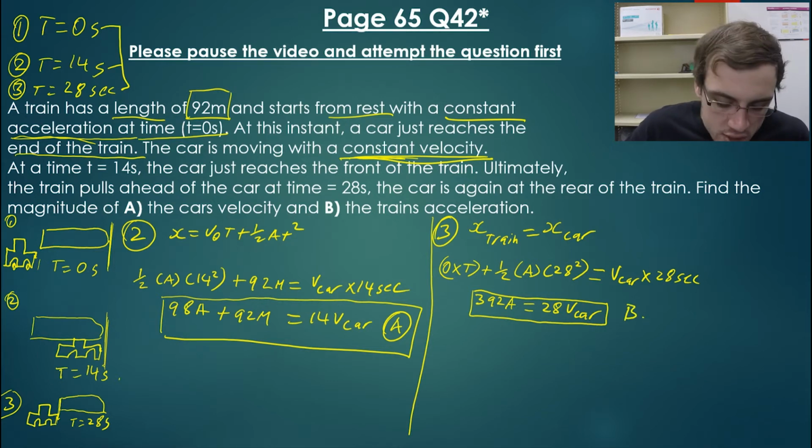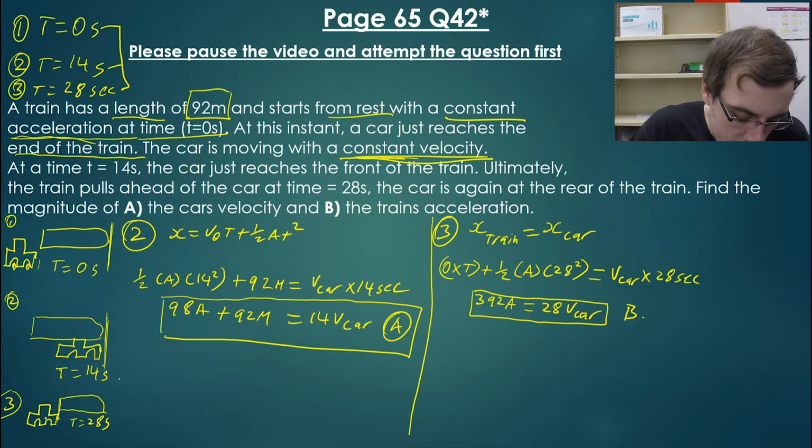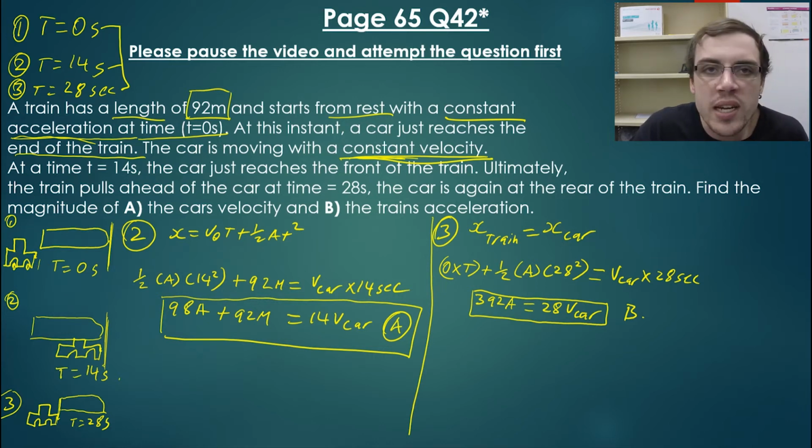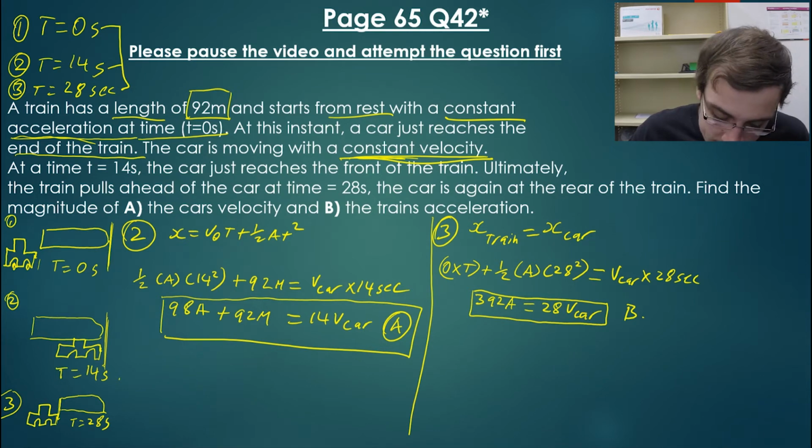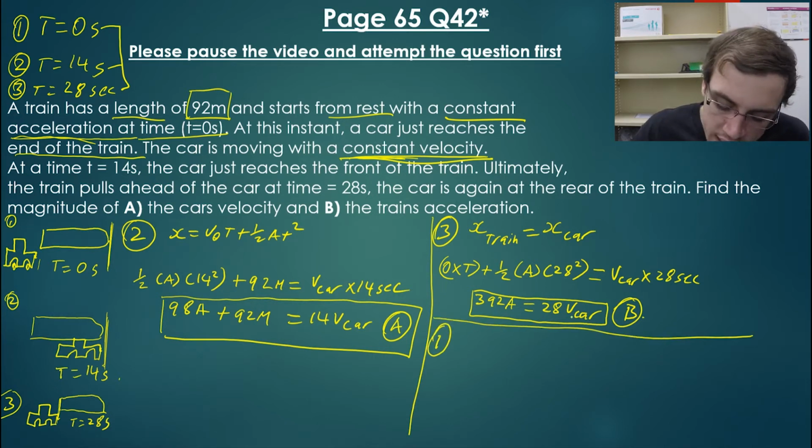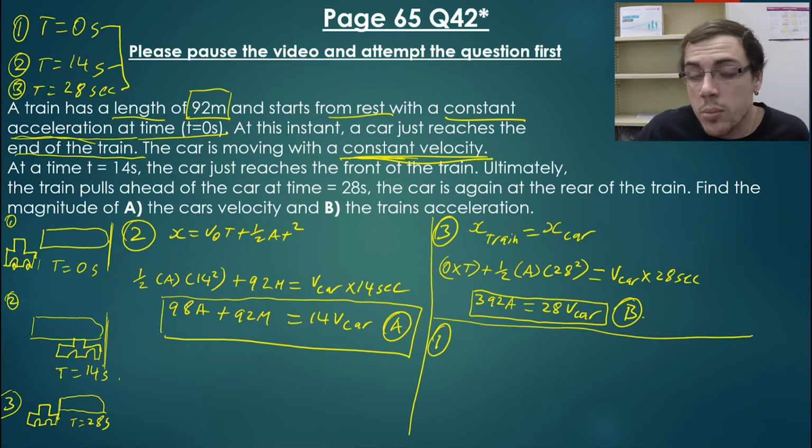Now, if we look at 3 and we look at 1, we can see that their situation is almost identical. Instead of both of them being at the very beginning when time is equal to 0, we're looking at the very end when time is equal to 28. So in order to calculate equation 1 over here, we can take our equation B here and divide it by the total time.